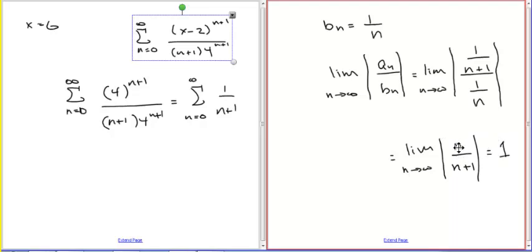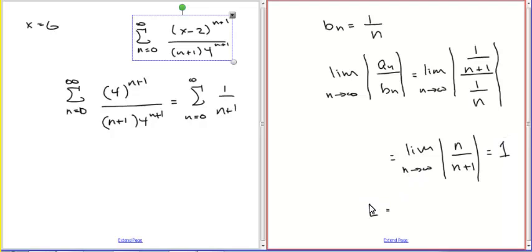It says if this is greater than 0, which it is, so we would say L, in this case, equals 1, which is greater than 0.